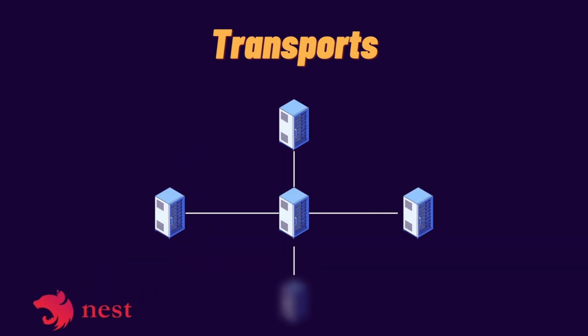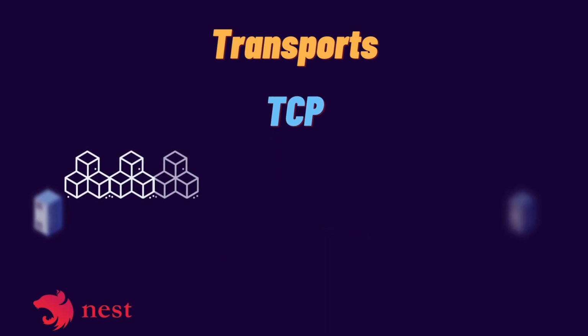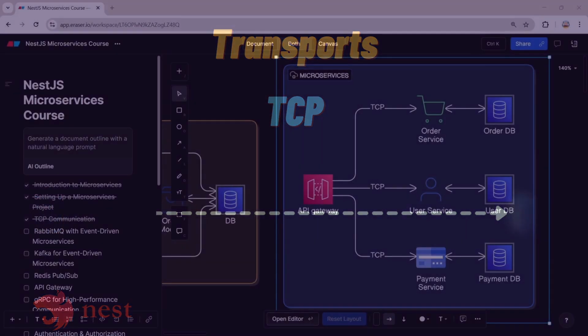A transport layer is a mechanism that allows microservices to connect with each other, and NestJS supports several transport layers. The first one is TCP, which stands for Transmission Control Protocol. TCP is a reliable and connection-oriented transport protocol that ensures the ordered delivery of data. So what is the use case of TCP?